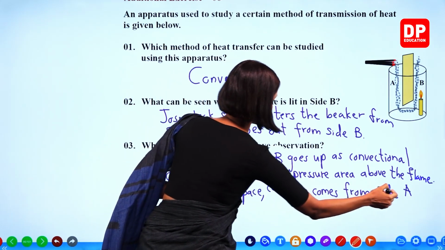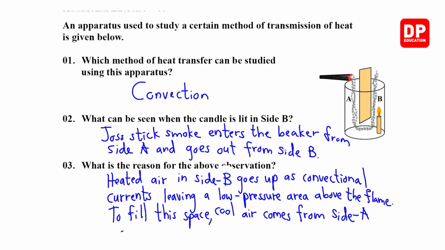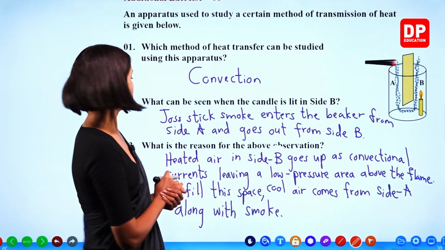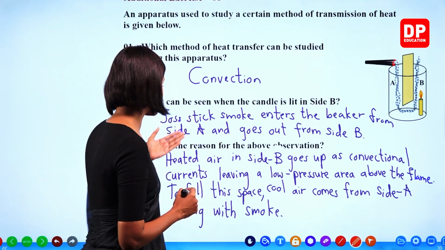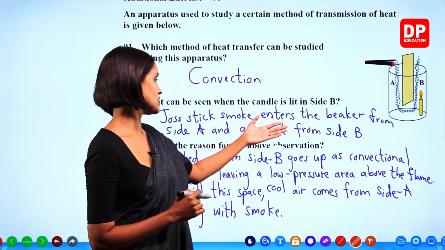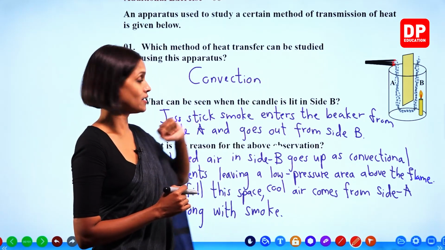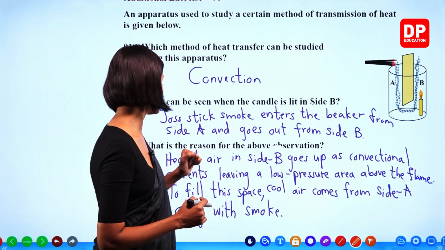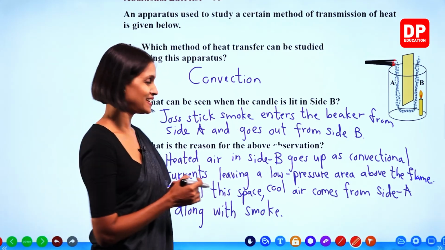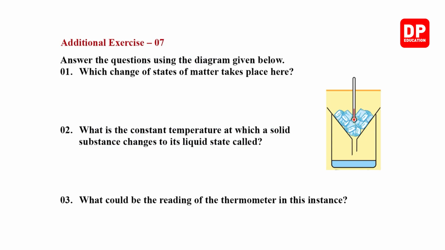Cool air comes from side A along with smoke. Right, children? Heated air inside B goes up as convectional currents, leaving a low pressure area above the flame. Right? To fill this space, cool air comes from side A along with smoke. Okay? We'll move on to the next.